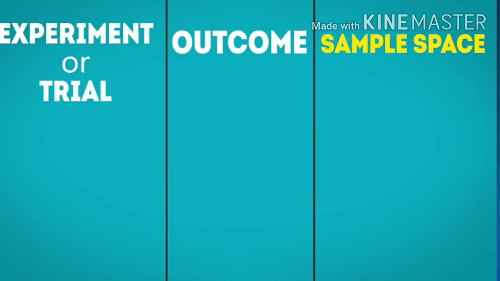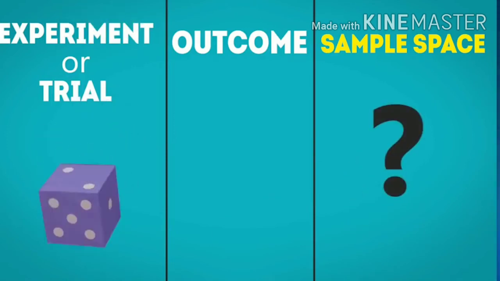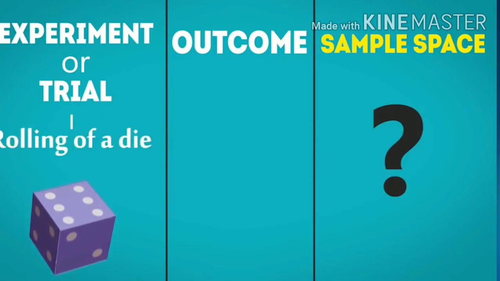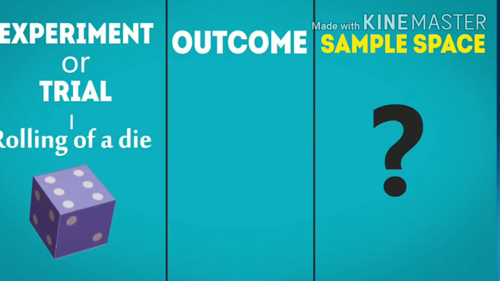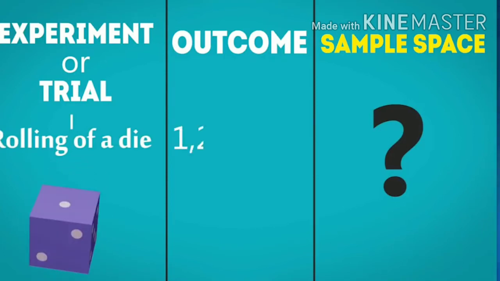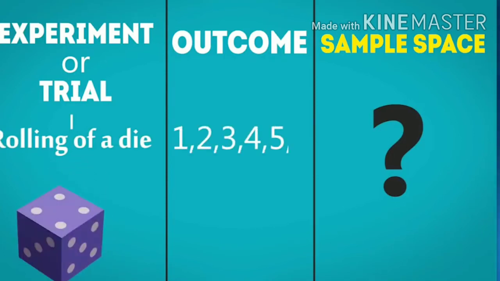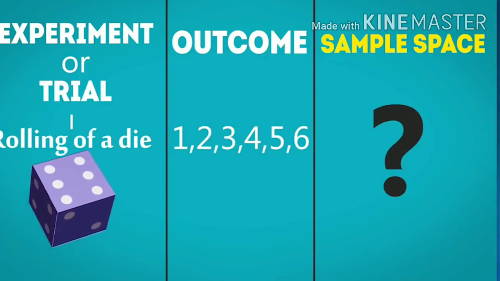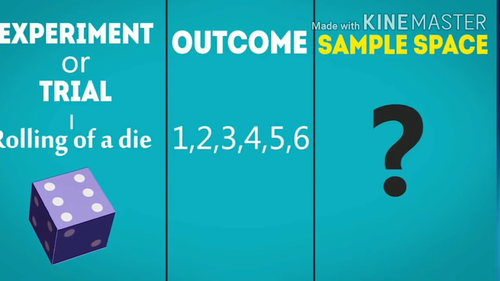Then how many elements are there in the sample space? Have you played with this, children? What is this? A die. A die is rolled. On the die there are 6 numbers: 1, 2, 3, 4, 5, 6. These are all called the sample space.